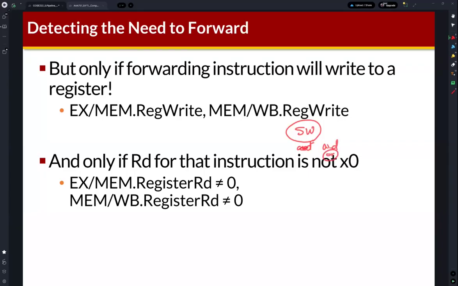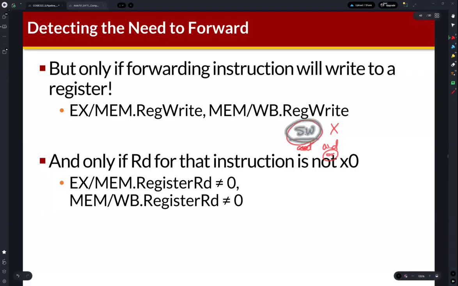Then do we need to check the data forwarding in this case? Actually not, right? Because the store instruction does not write data to the register file. The store instruction just reads data from the register file. So what does that mean? If the former instruction does not write data to the register file, then we don't need to check the data forwarding, right?